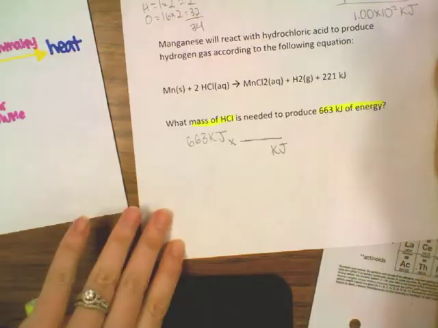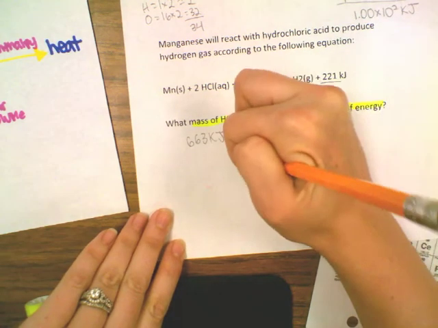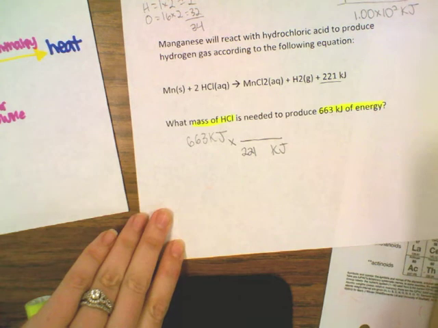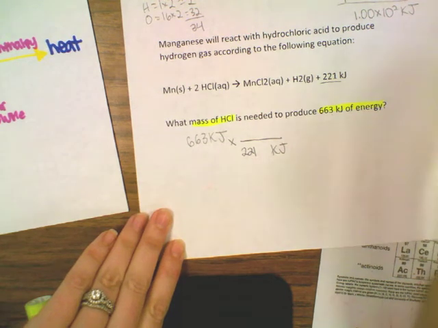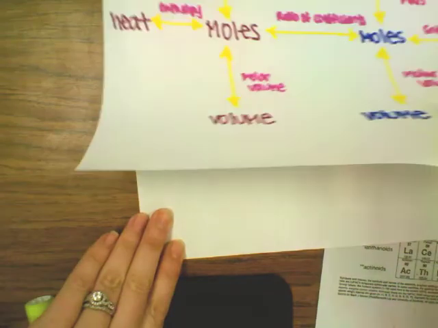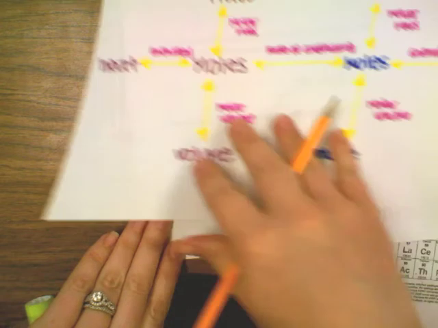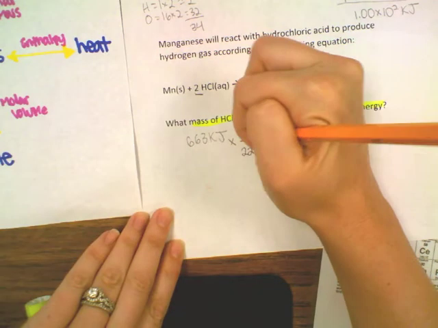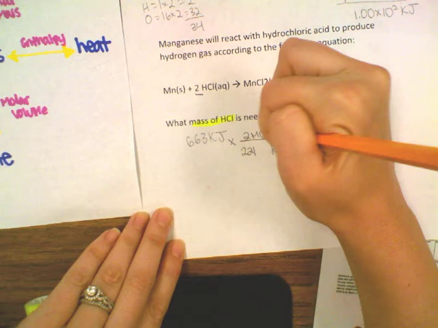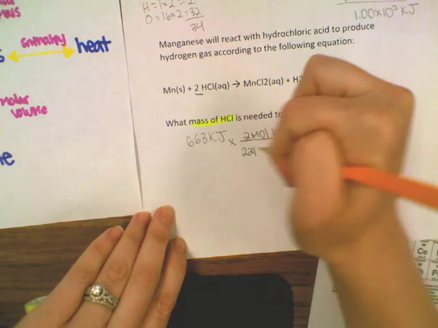The amount of energy is 221, so 221 kilojoules will be released per 2 moles of HCl. We're trying to find the mass of HCl, so first we need to go to moles of HCl. Kilojoules will cancel out.